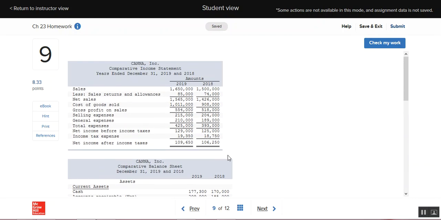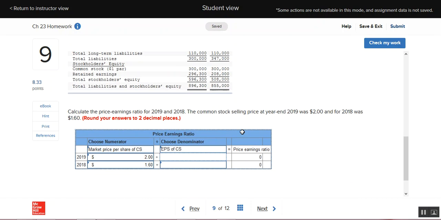All right, so to get the earnings per share, we're going to find the earnings. So in 2019, it was $109,650, and we're going to divide that by the number of shares outstanding, which is 300,000. So our earnings per share looks like 36.6 cents.